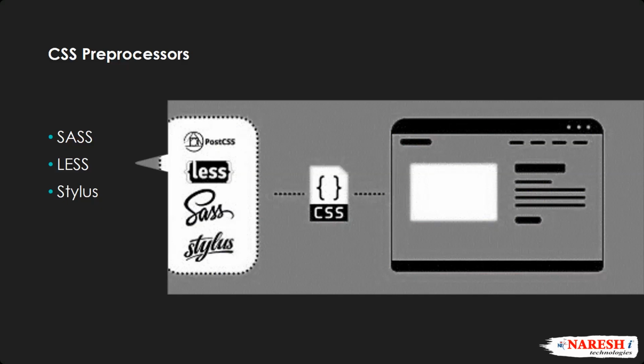If this situation is matching, present this. If it is not matching, present something else. These kinds of concepts cannot be handled directly in CSS, and for that, you need knowledge of CSS preprocessors. So yes, you can write while loops, for loops, and conditions.